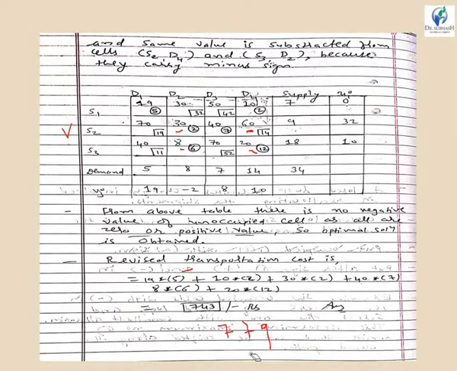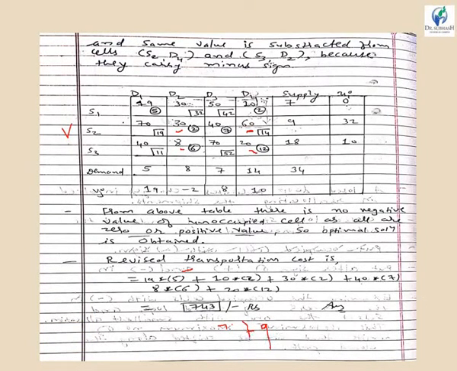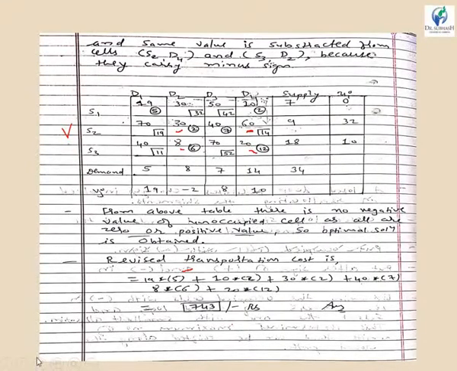Now, by doing the reallocation process, you found that the total transportation cost is now reduced to 743. So this much saving has been done, and our ultimate aim was to obtain the minimum transportation cost. You can see this problem now has the optimal solution, and there is a saving of rupees 36.